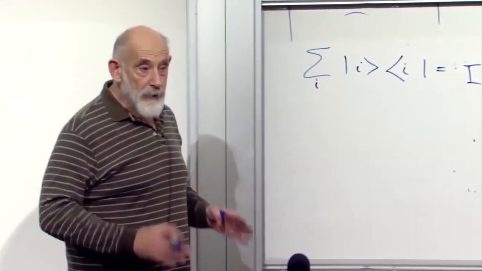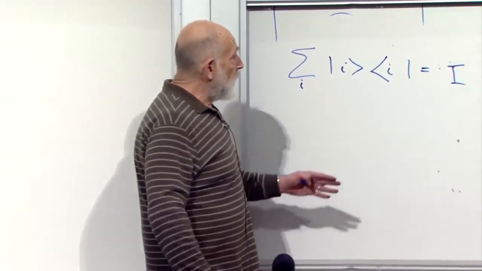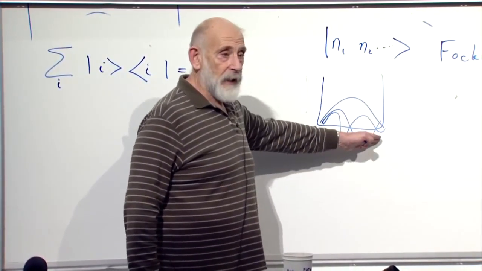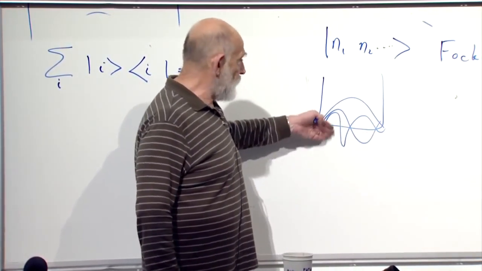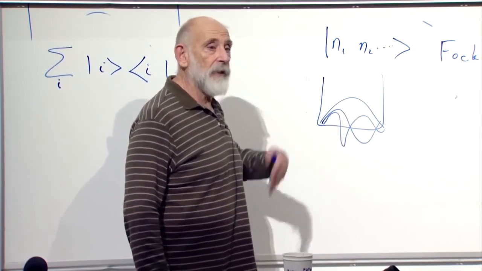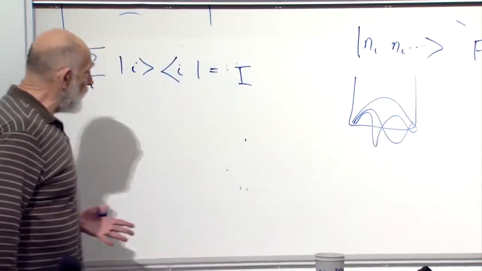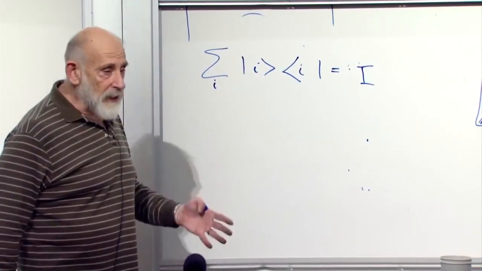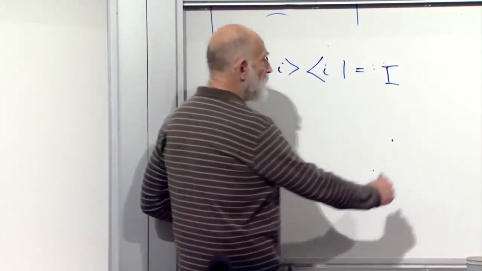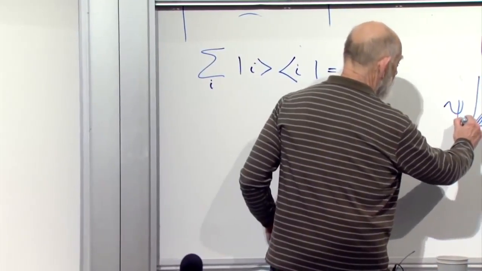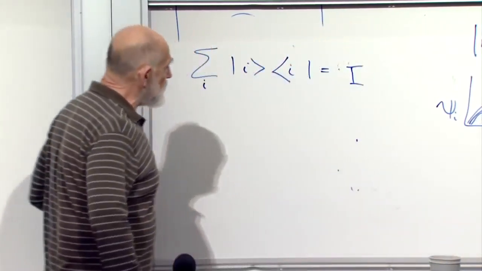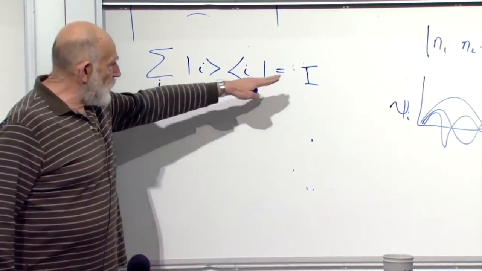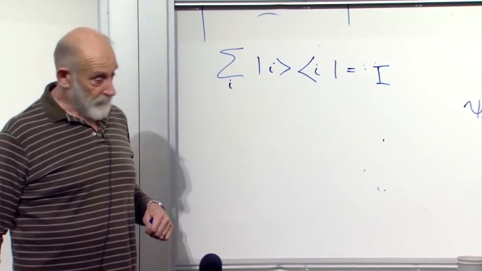They're the energy eigenstates. They are a complete set of states. If I take all the sines that can fit into here, for example, sine of x, sine of 2x, sine of 3x, sine of 4x, that's a complete set of states. Each one of these I's here is a state whose wave function is psi I. But the psi I's are a complete set of states, and so it follows that this expression here is just a unit operator.